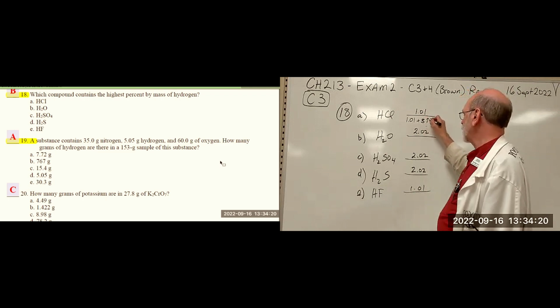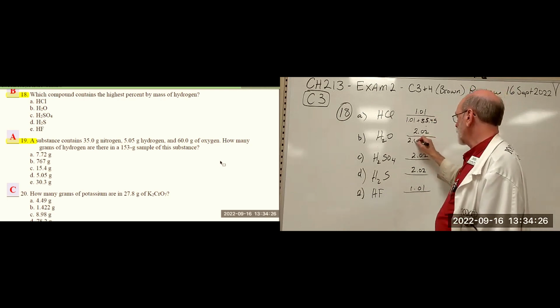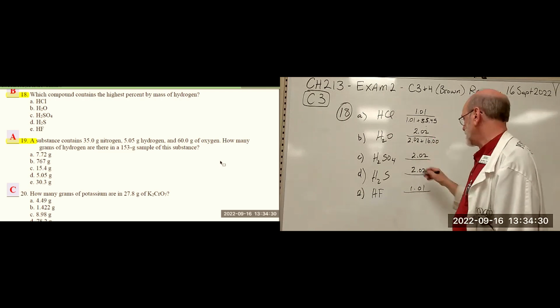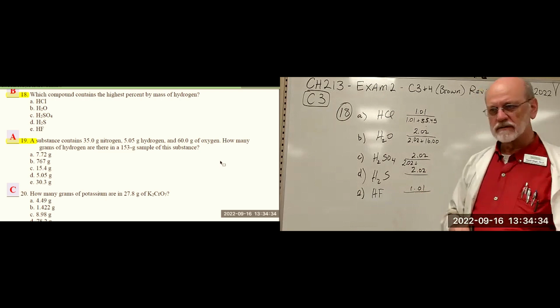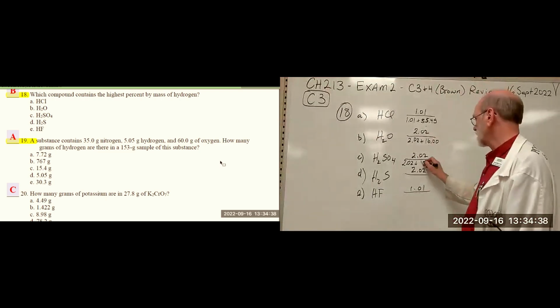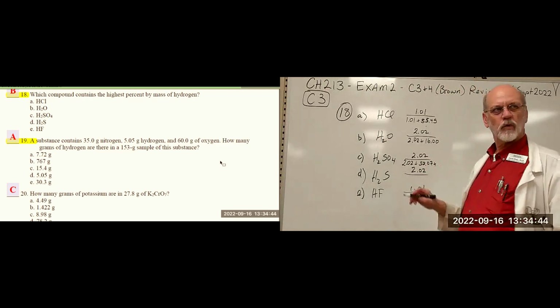Chlorine is 35.45 grams per mole. H2, 2.02 plus oxygen, 2.02 plus sulfur, which is 32.07, and then 4 oxygens. So that'd be 64.